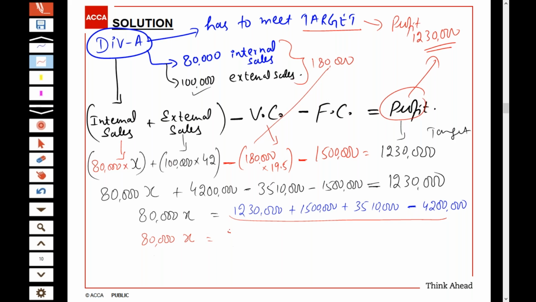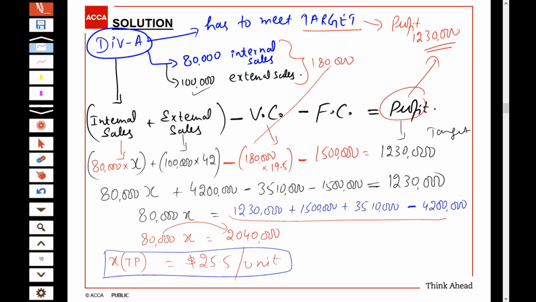It is 2,040. And X, which is TP, now 80,000 will be divided here, and I will get 25.5 per unit. I will be ready to charge 25.5 because it will be able to meet my target. So this will be the transfer price to meet my target.